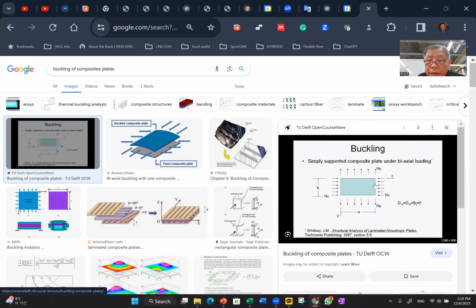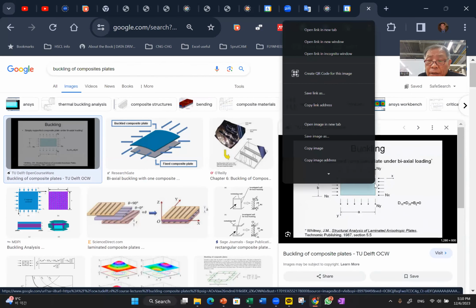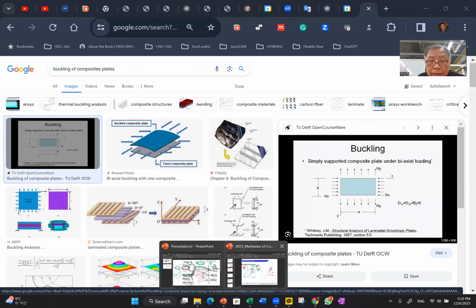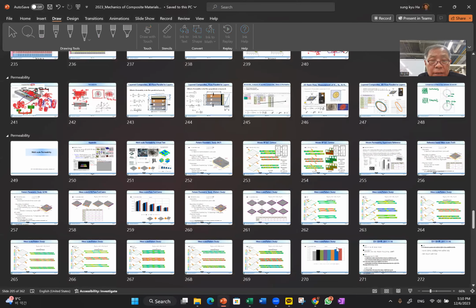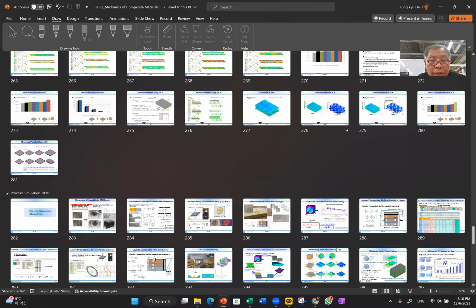Okay, this can be a very important problem statement, but here we don't have a slide about buckling.